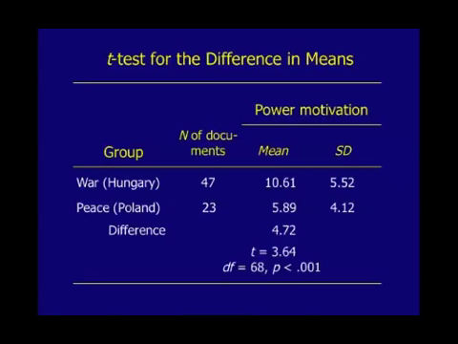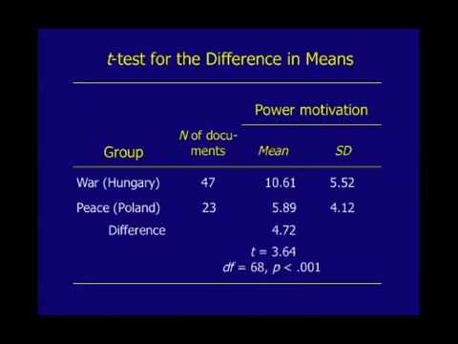Going back to our example, we see that the two means for the war and the peace crises, 10.61 and 5.89, are different from each other, and that the t-test, which takes that difference of 4.72 and adjusts it for the standard deviations, the t-test equals 3.64.